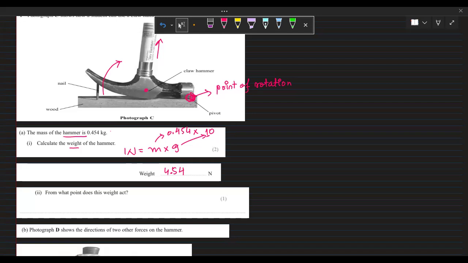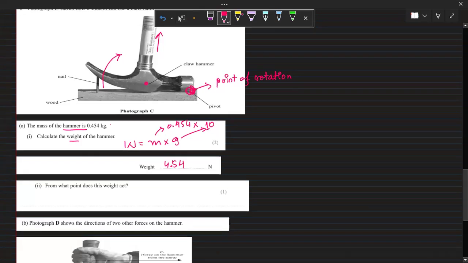I think you people can get the idea. I have already pointed out where the weight is acting. So it should be at the center, right? Center of gravity, the center of mass, or this object's center, right? It's going to be at the point where the center of gravity lies, okay?